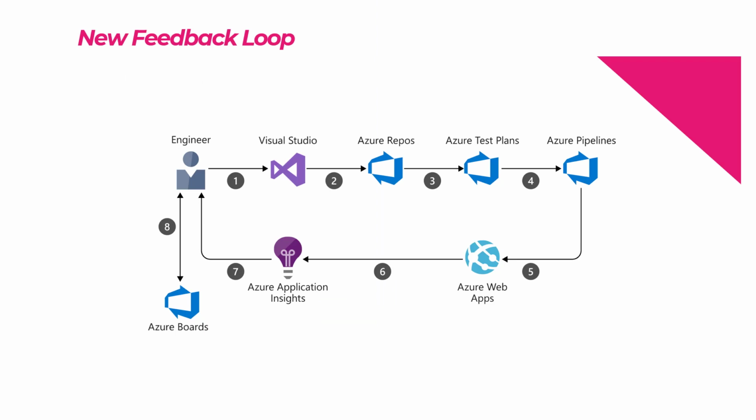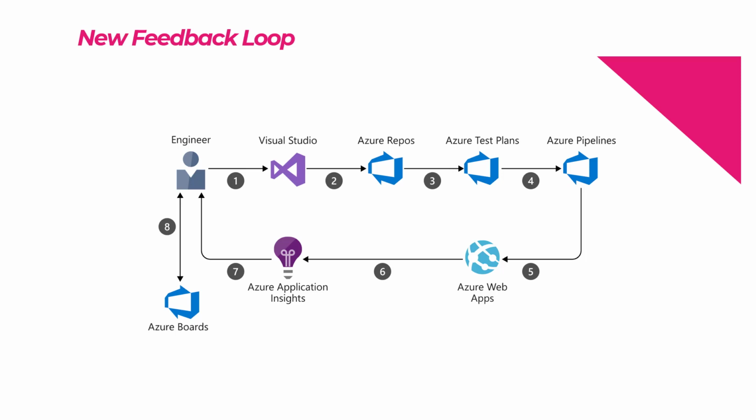Next, this is sort of a marketing slide from Microsoft where we're calling this the new feedback loop. We have an engineer using Visual Studio and Azure DevOps repos like Git, along with test plans and pipelines, to start delivering high quality, consistent code that will get automatically deployed to a web application.